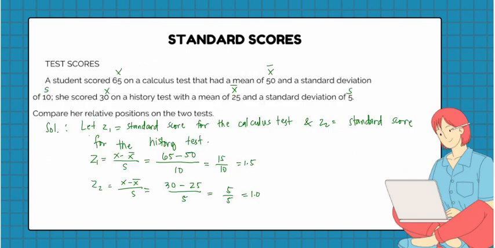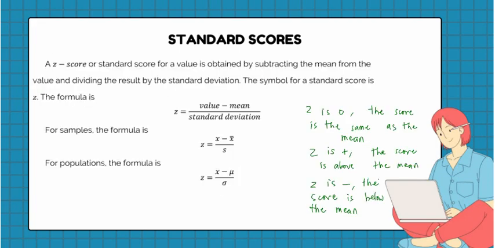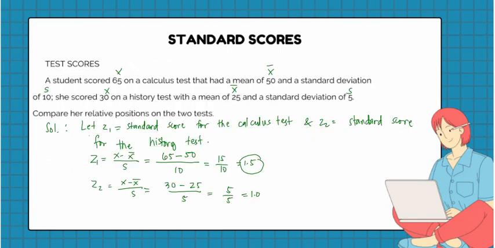Just like this one, to make use of an example, our z sub 1 here is 1.5, right? So it says that if it's positive, the score is above the mean. The score is above the mean. So our score here is x equal to 65, and the mean is 50.